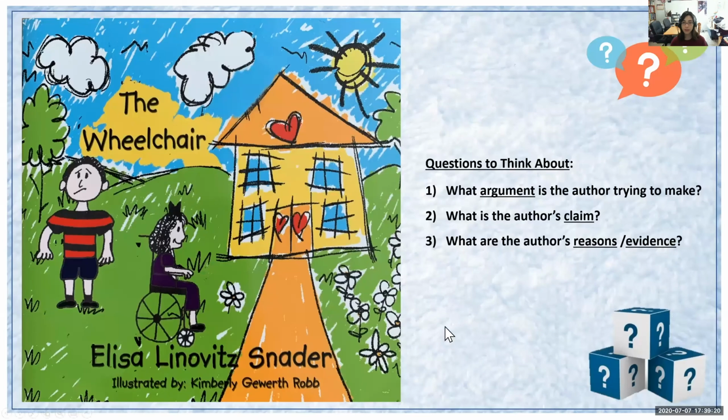So if you haven't already, I would like you to take some time now to write down the argument that you think the author is trying to make. And again, the argument is going to be the claim plus the reasons/evidence. So I'm going to let you pause the video now and write down the argument. After you're all done writing the argument, my next step for you is that you're going to write down the author's claim.